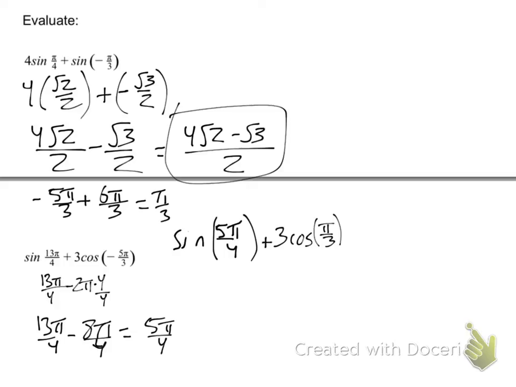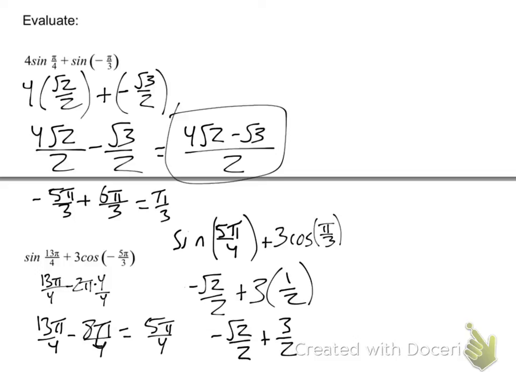Or 5 pi over 4, when you eventually, tomorrow, what do you get? Negative square root of 2 over 2 plus 3 times, what's the cosine of pi over 3? Pi over 3 is 60. What's the cosine of 60? 1/2. So negative square root of 2 over 2 plus 3 over 2. Boom.